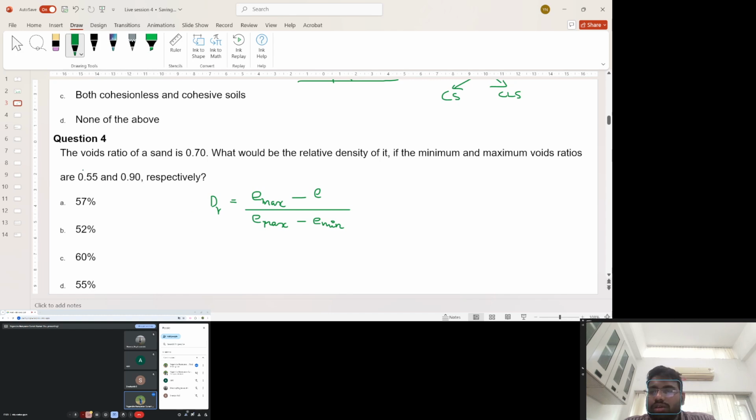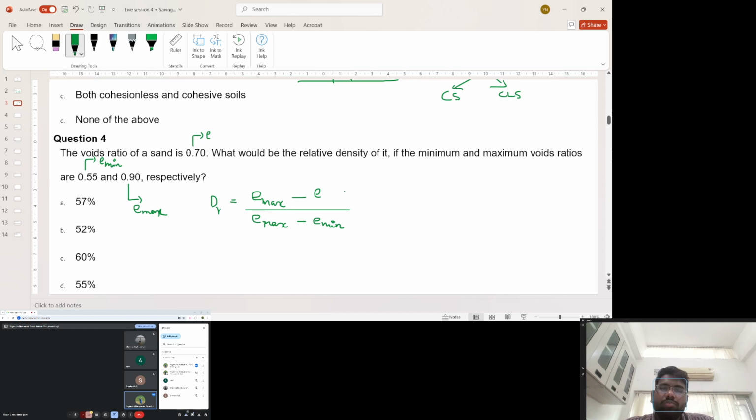So we know this is e minimum, this is e maximum, and this is e at the present state.